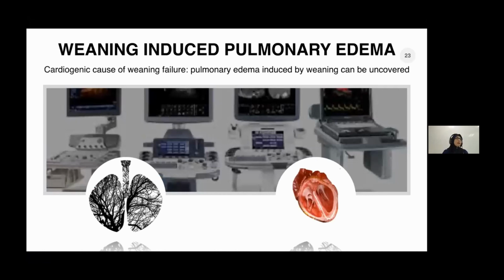So the patient needs to breathe on their own. The patient needs to use higher catecholamines to maintain the breathing, to maintain the wakefulness. So this increase in catecholamine can cause pulmonary edema.